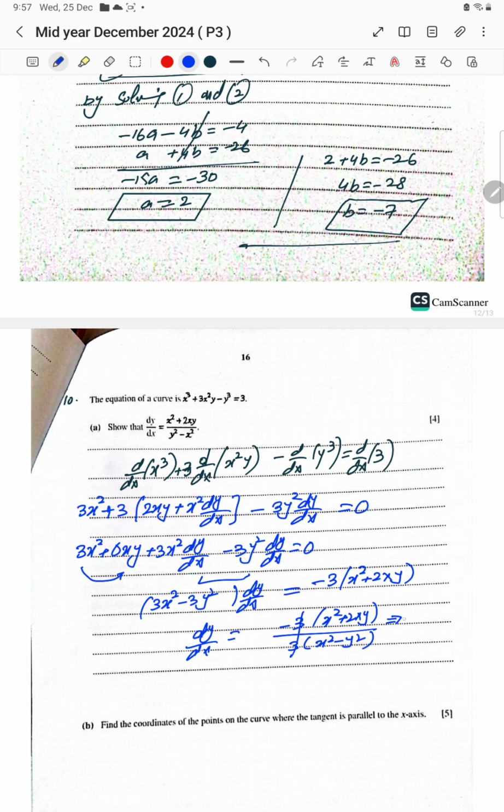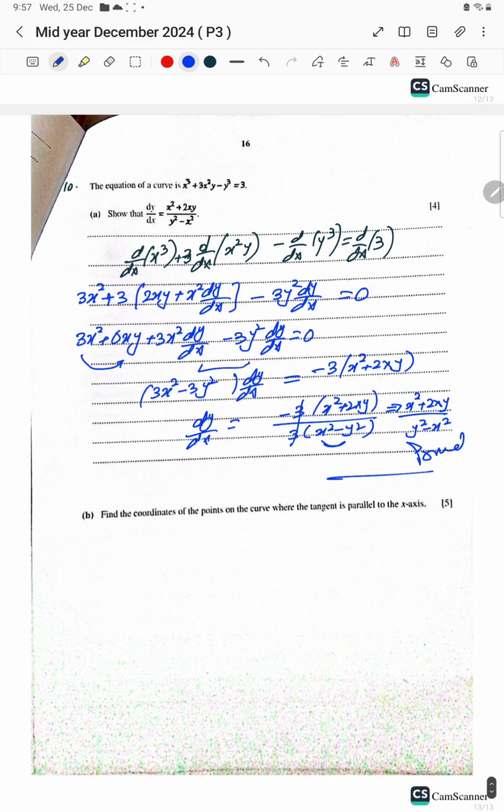So x square plus 2xy, and this minus, because this is minus, if you take minus from the denominator as common, it becomes plus. So y square minus x square instead of x square minus y square, which is the required proof.